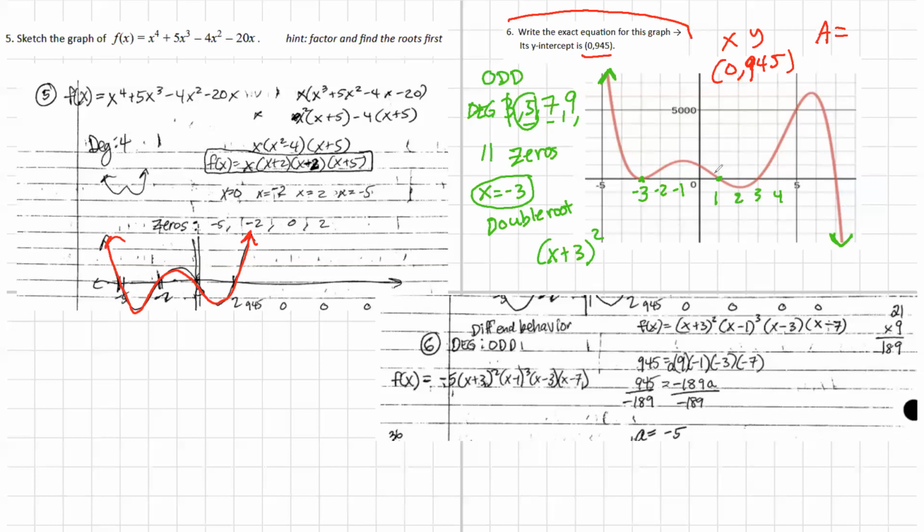So it passes through 1, and this is +1, so it's got to be -1, right? x minus 1 equals 0 will give you 1, okay? Then it also goes through 3, and that's a single root because it's going through the point. So (x - 3) also.